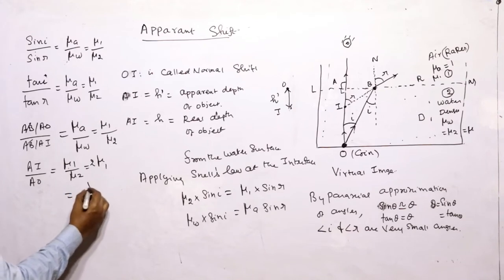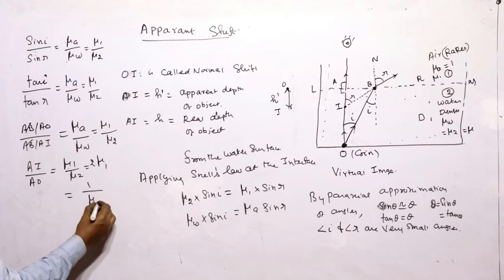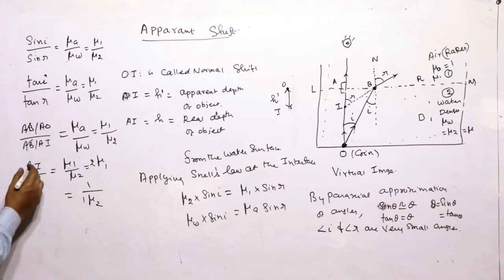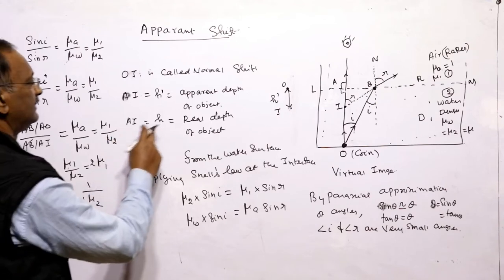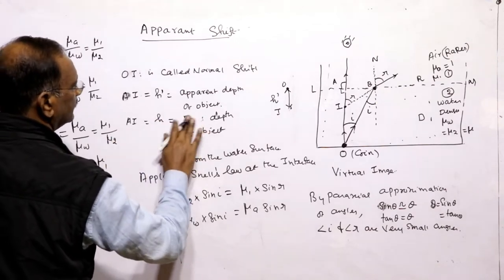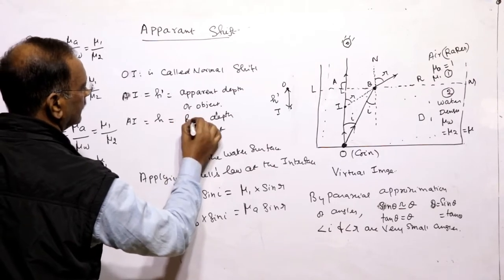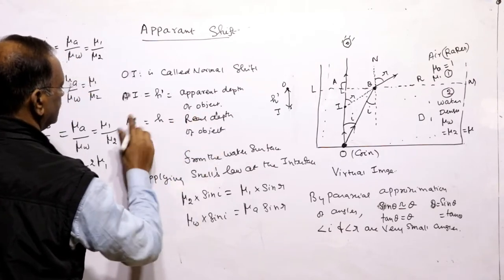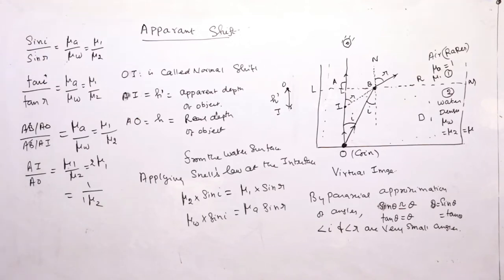This can be written as 1 by the refractive index, using the principle of reversibility. AO is the real depth of the object, and AI is the apparent depth.